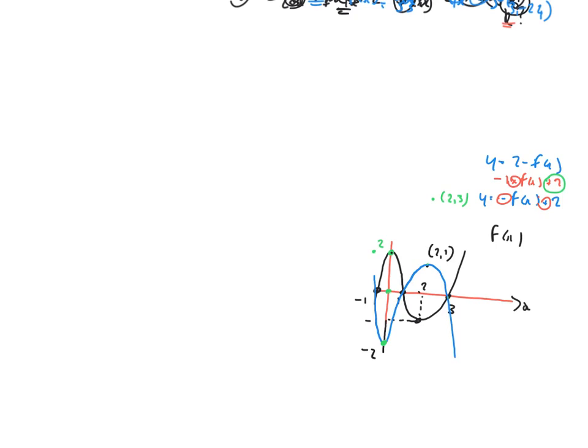And 3, 0 would now be shifted up to 3, 2. And that would look something like that.